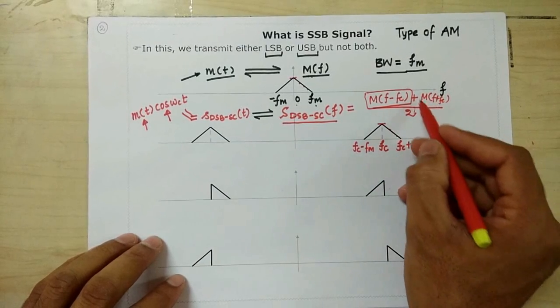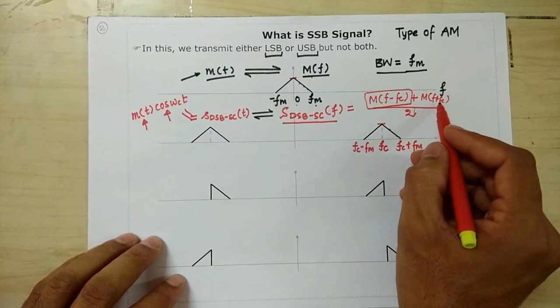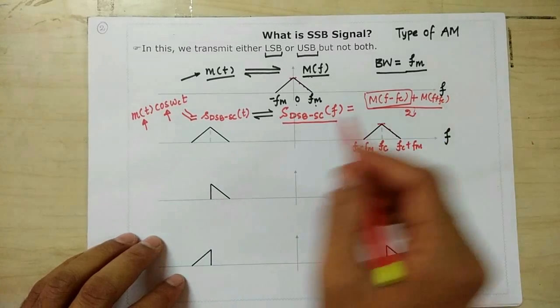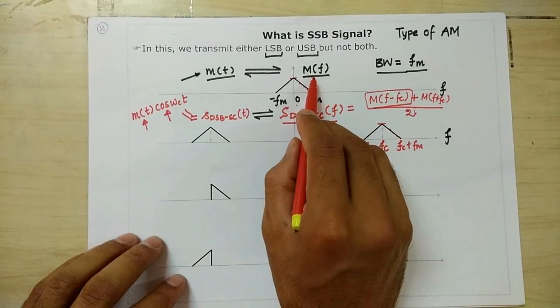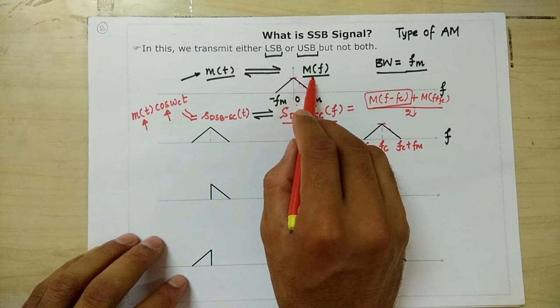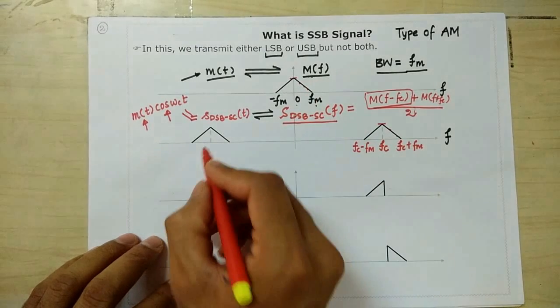If you see the component M(f + fc), it is basically the left shifted signal, which is shifted to minus fc.